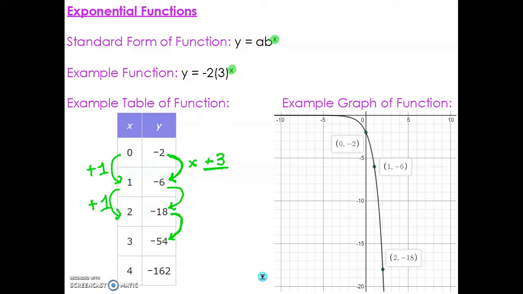It's going down, but you're multiplying by 3 to keep that negative there. From -6 to -18, I'm multiplying by 3 again. And then same thing. My rate of change is not subtraction or addition, it's multiplication. When it's multiplication, I know it's going to be an exponential.